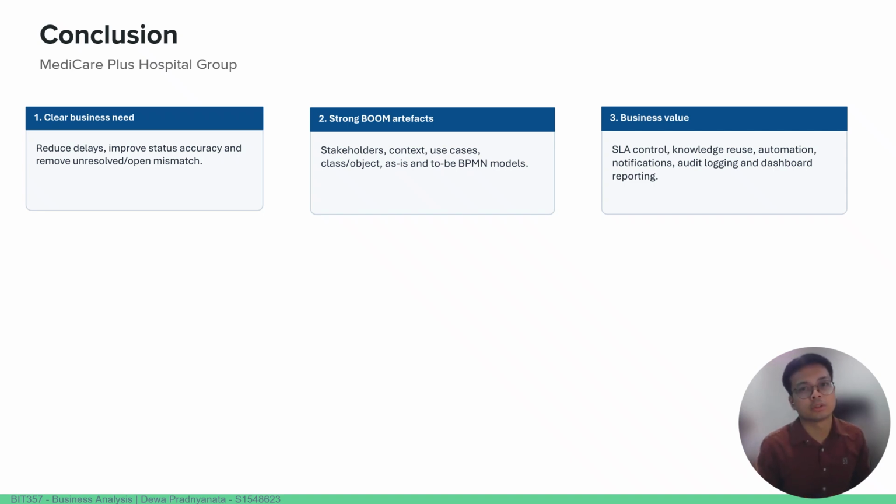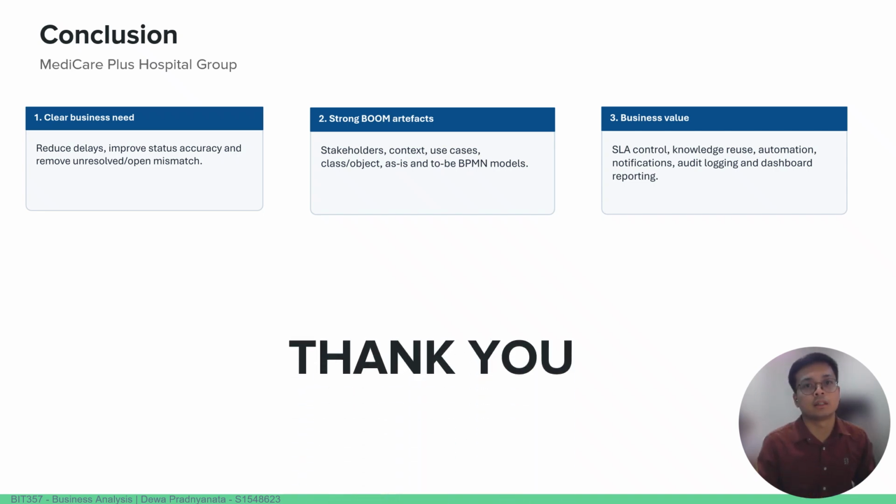The proposed solution adds SLA control, automatic status transition, knowledge reuse, proactive notification, real-time audit logging, and reporting overall. The new model better meets the Medicare Plus business requirements because it is faster, more transparent, and auditable.